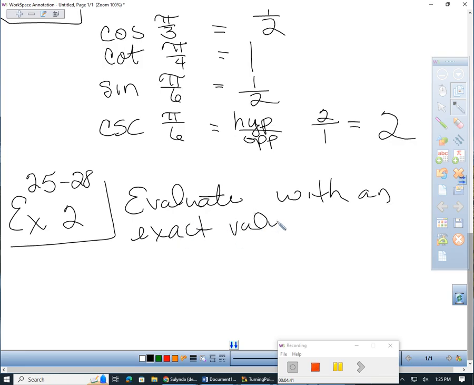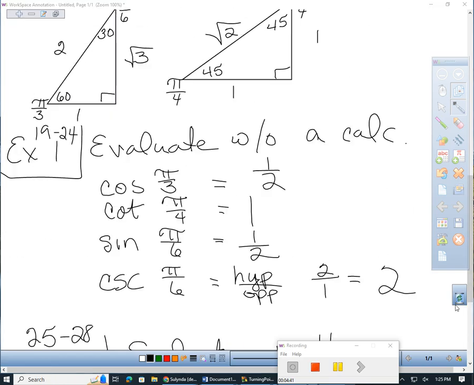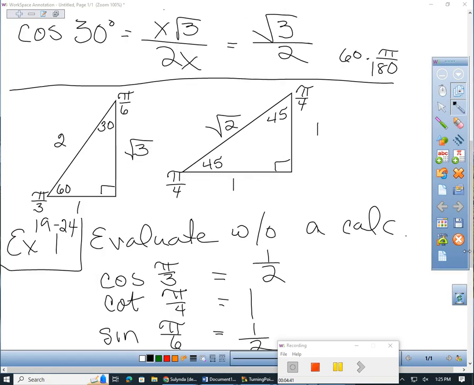value. So the first one I want to talk about is the secant at 45 degrees. I'll go back to my triangle. Remember that secant is hypotenuse over adjacent.